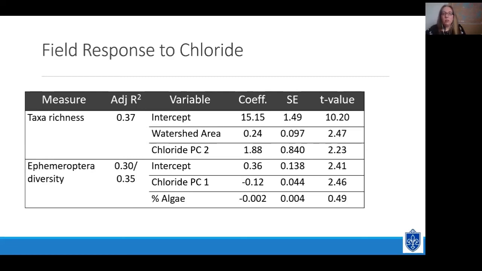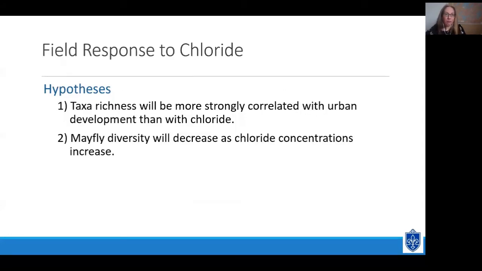Then the negative relationship of mayfly diversity with the axis suggests that increased chloride overall has a negative impact on mayflies. There's also a significant negative relationship with the percent algae cover. The genera of mayflies that were found in our study all feed as collector-gatherers or scrapers, meaning that algae will be a dominant component of their diet, so this may contribute to that relationship.